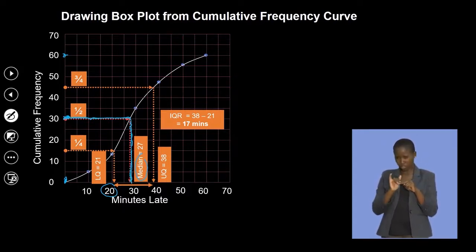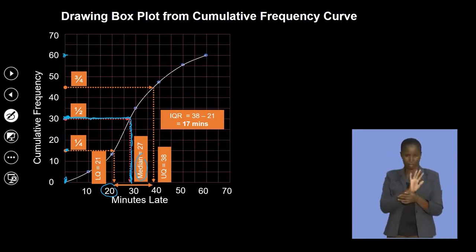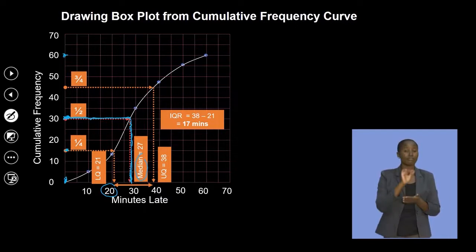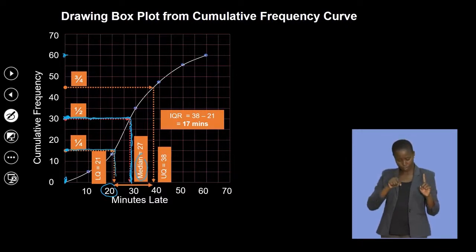Are we together? Then we can find the lower quartile, the quarter of this. From there to there, what is the quarter? The quarter will be somewhere there, 15, a quarter of 60. You start from there, touch the cumulative frequency graph, go down. What is that value on the x-axis? Remember, this is 20, then this must be approximately 21.